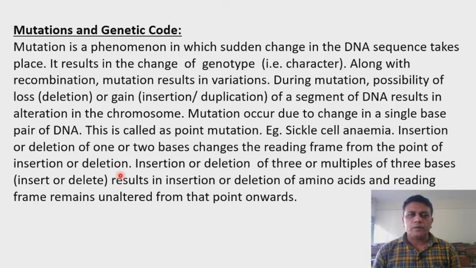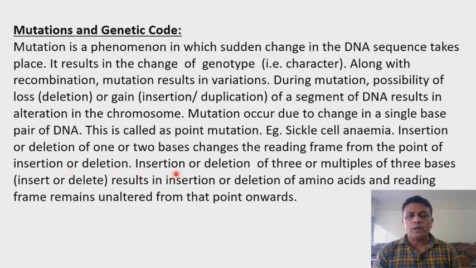Then if one or two nitrogen bases are lost, there is a change in the genetic code. This changes the reading frame from the point of insertion, that means the point where the bases are added or removed. From this point the reading frame changes. That means the sequence of the genetic code gets changed.